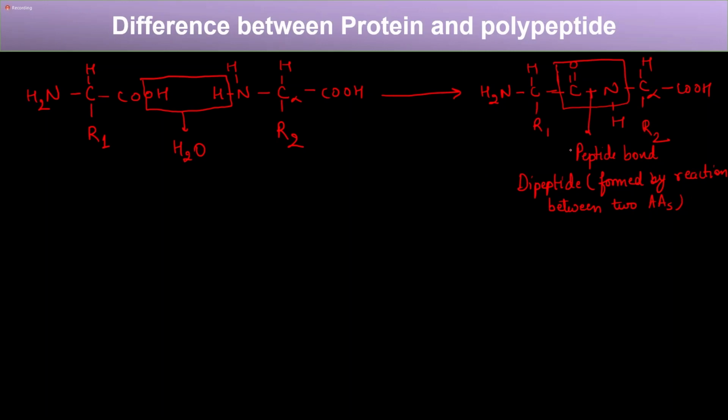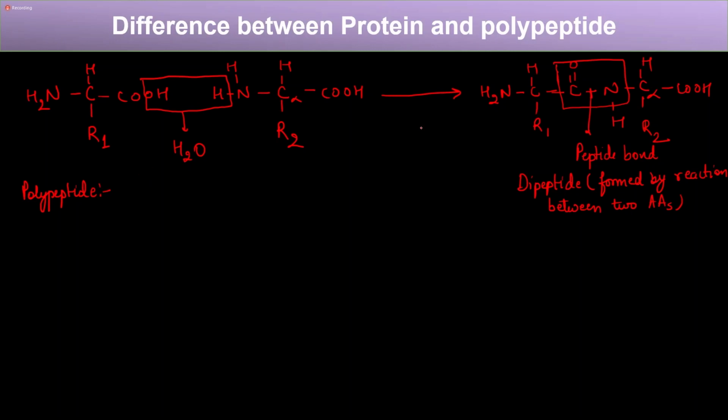Now, if this chain is formed by multiple amino acids, say more than 10 amino acids, then the structure will be called polypeptide. So what is polypeptide? When these multiple amino acids are linked to each other via peptide bond formation, then this chain will be known as polypeptide.